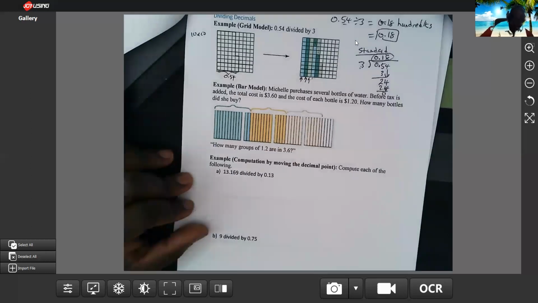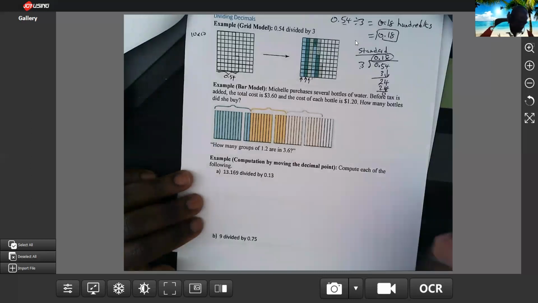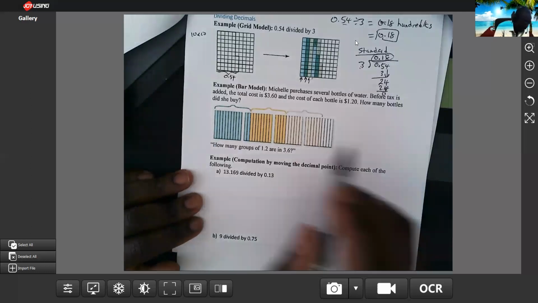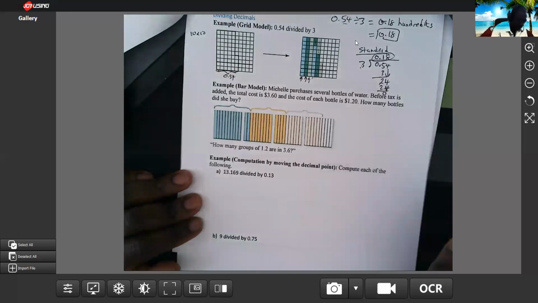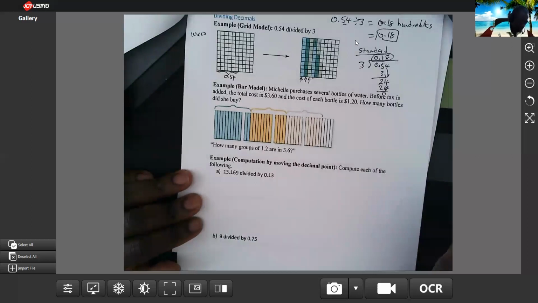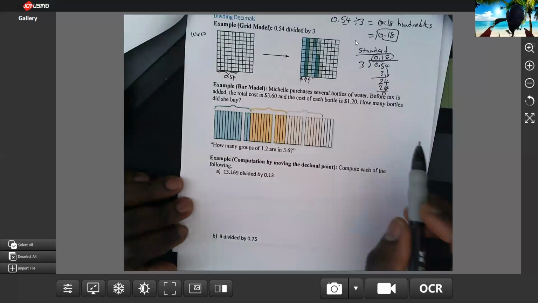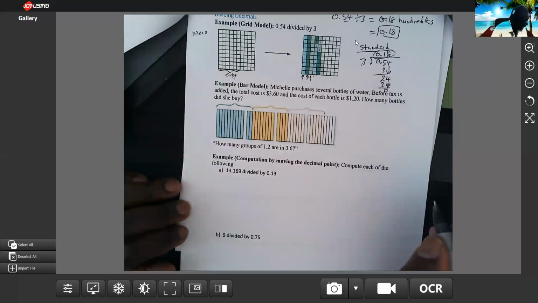And here is another example. We're going to use the bar model. It said Michelle purchases several bottles of water. Before tax is added, the total cost is $3.60, and the cost of each bottle is $1.20. How many bottles did she buy?